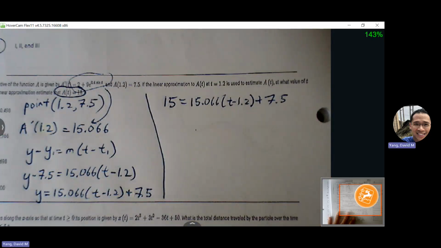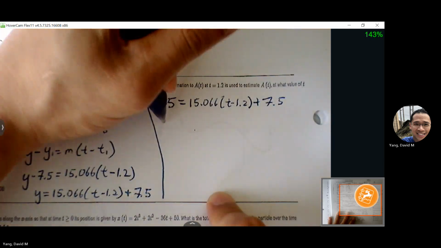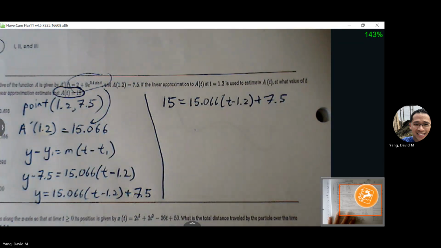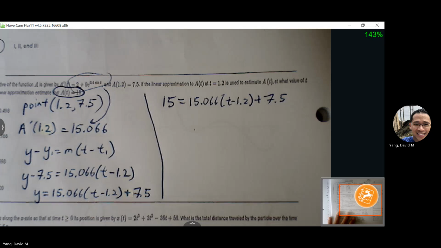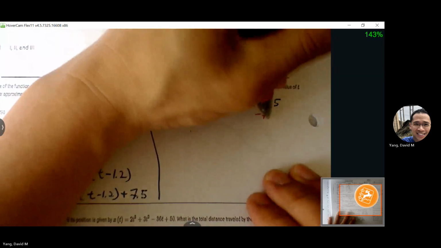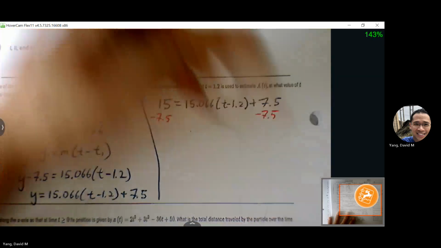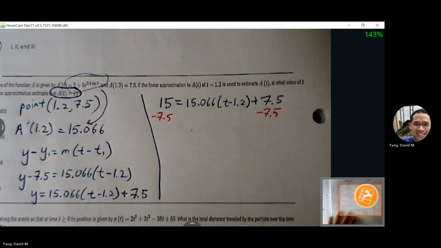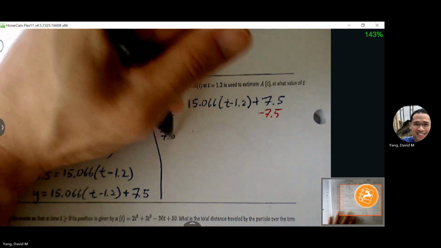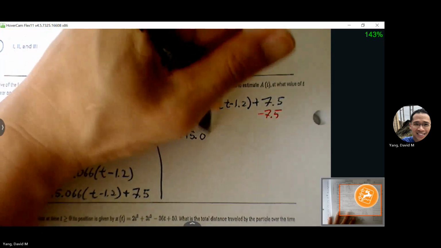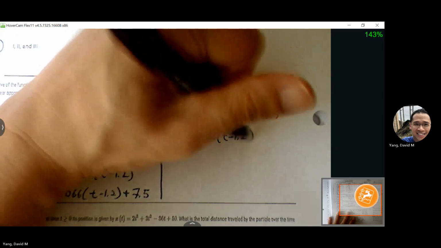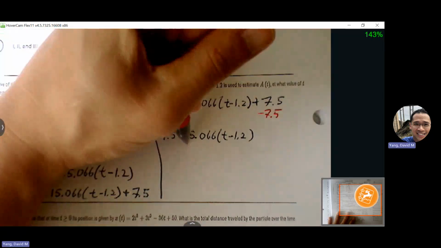So we'll subtract 7.5, divide by 15.066, add 1.2.